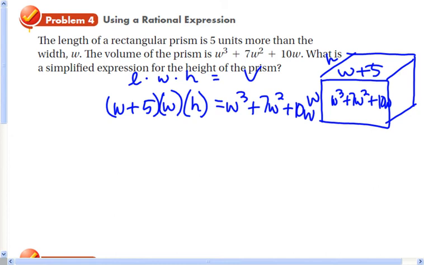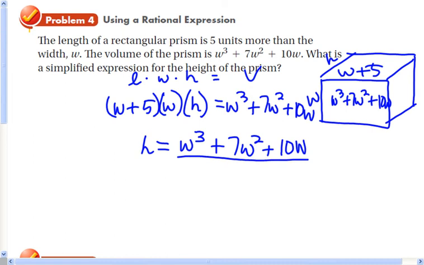All right, so our height is actually equal to the volume divided by the length times the width, which is w plus 5 times w.